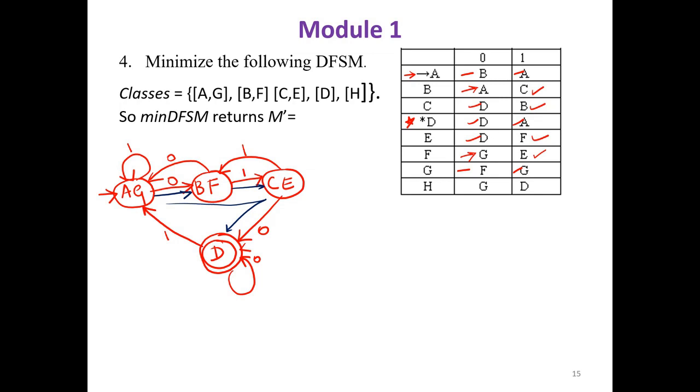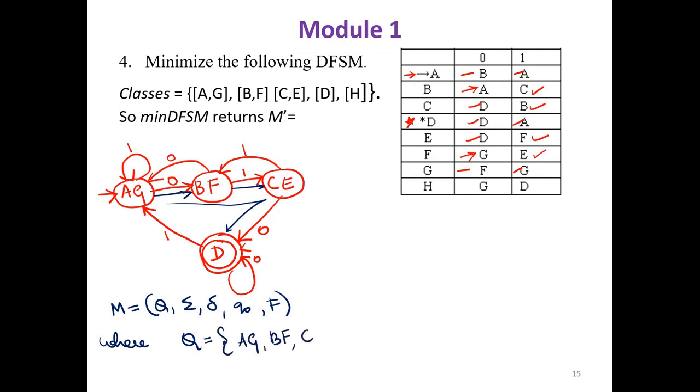Therefore, the complete DFSM is M equals Q, sigma, delta, q0, F, where Q has the states AG, BF, CE and D. Sigma is 0, 1. Initial state is AG.